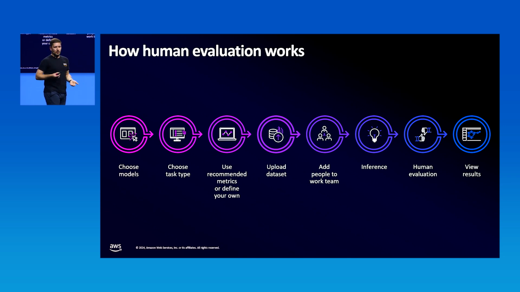That can be people from your organization or also AWS resources that you can get. And then after the inferencing of the different models, so after we created all the outputs with the different models that we shortlisted, we will have a human evaluation step where humans will actually look at the outputs and rate them based on the metrics that we defined before, which you can then use and view the results in the interface to assess the quality of the different models that you evaluated.